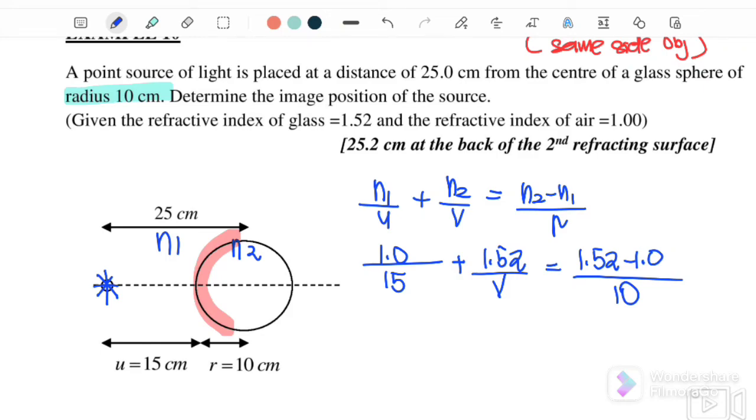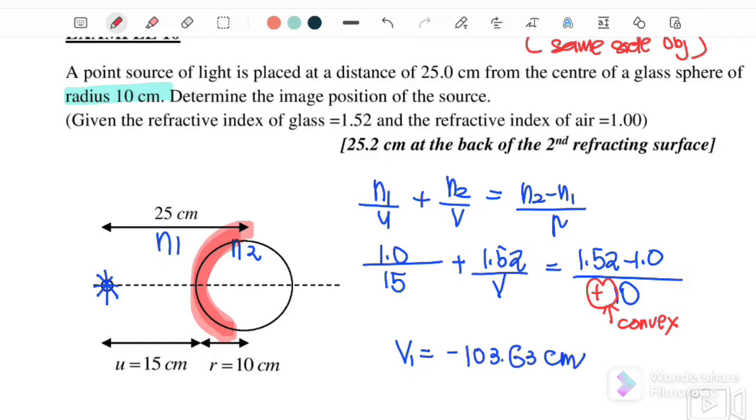If you view from N1 to N2, the surface is convex, so we substitute positive. Therefore the first image formed by the first refractive surface is equal to negative 103.63 cm.